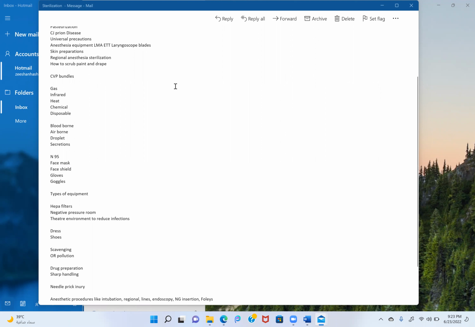What effect will hypothermia have on the spread of infection or wound infection? Sir, this is related to surgical site infection. Is there any relationship between hypothermia and hypovolemia?